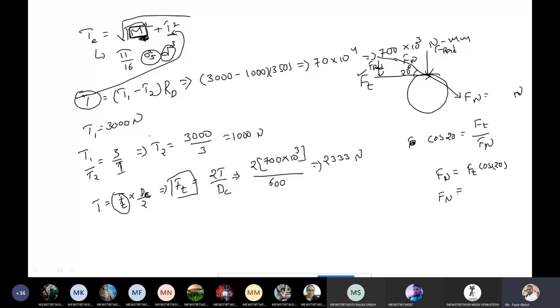Tell me the value of Fn. Make it fast. 2,192. Fn value 2192.